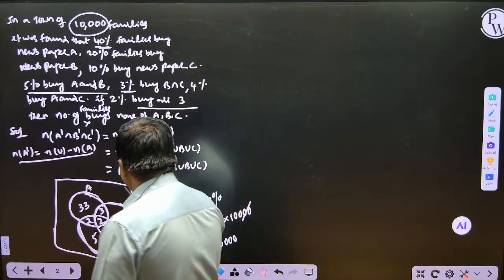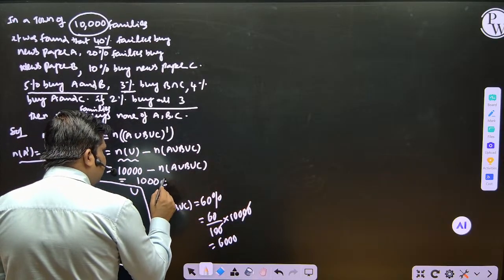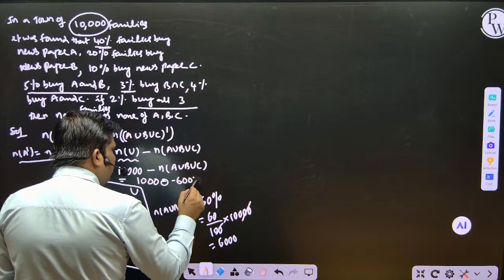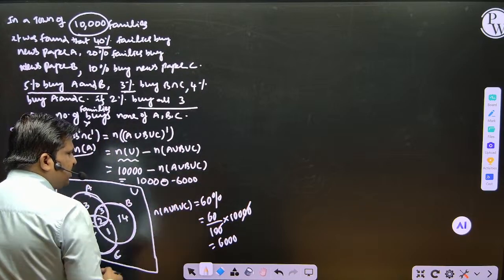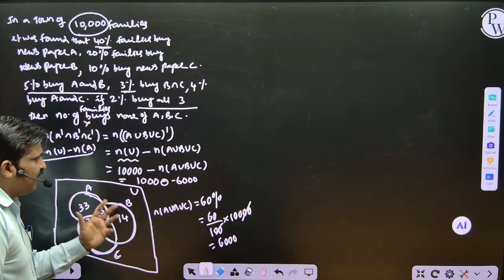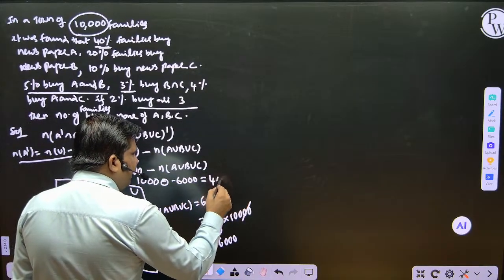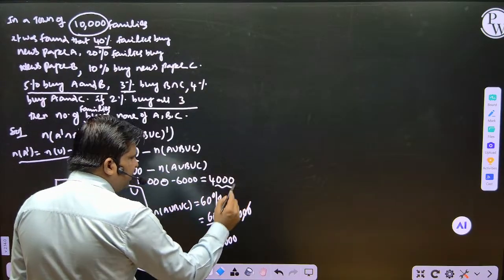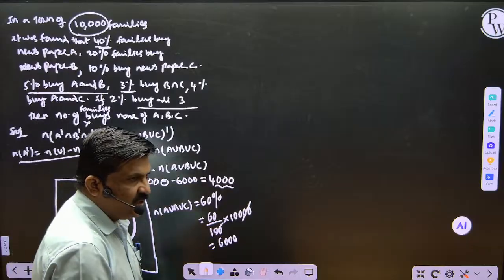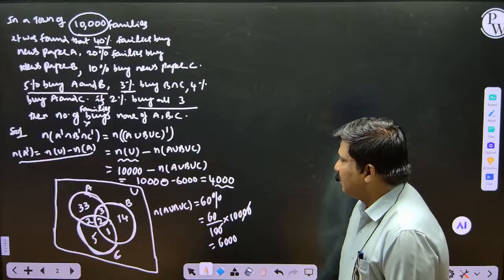So from these 10,000 families, you delete the 6,000 families who are buying at least one of these three papers. Finally, how many families in the town are not buying any newspaper? So this one.